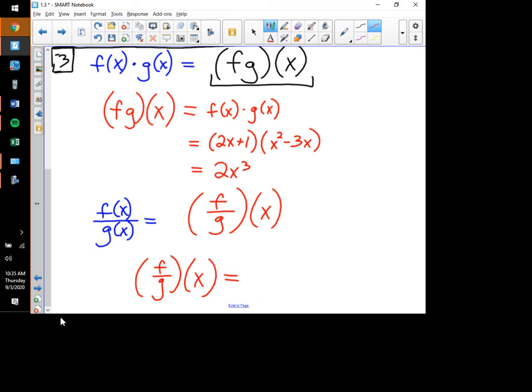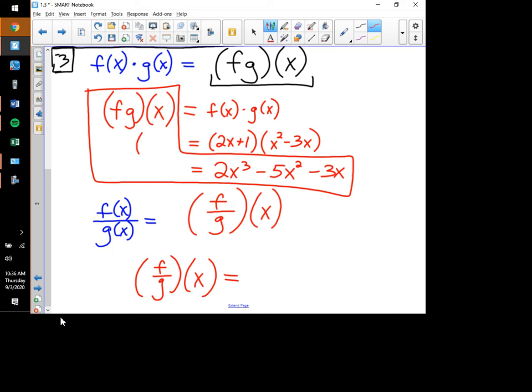The outer product is going to be a minus 6x squared. The inner product is a plus 1x squared. So that's going to be a minus 5x squared. And the last product is going to be a minus 3x. So, putting all this together, that is our answer to this question: fg of x is equal to 2x cubed minus 5x squared minus 3x.